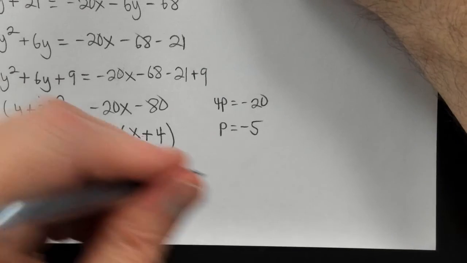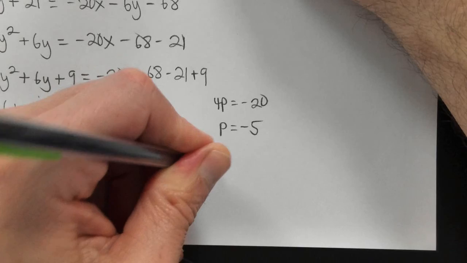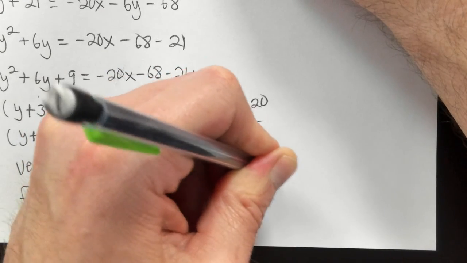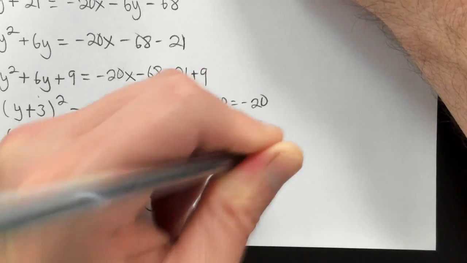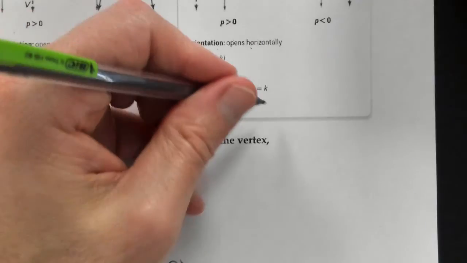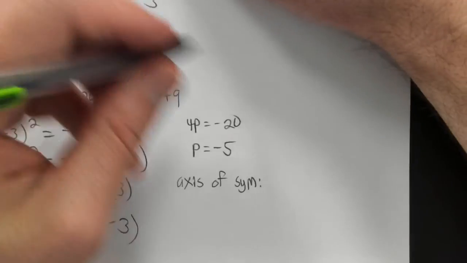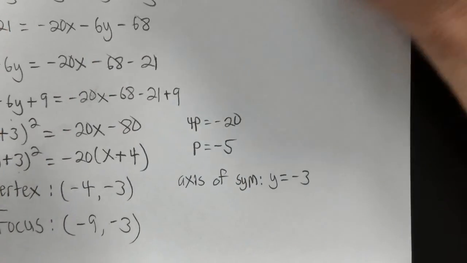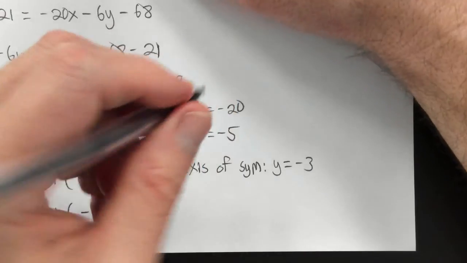The axis of symmetry. Okay. Axis of symmetry is going to be y equals k, so that's going to be y equals negative 3. And the last thing that we need is the directrix.